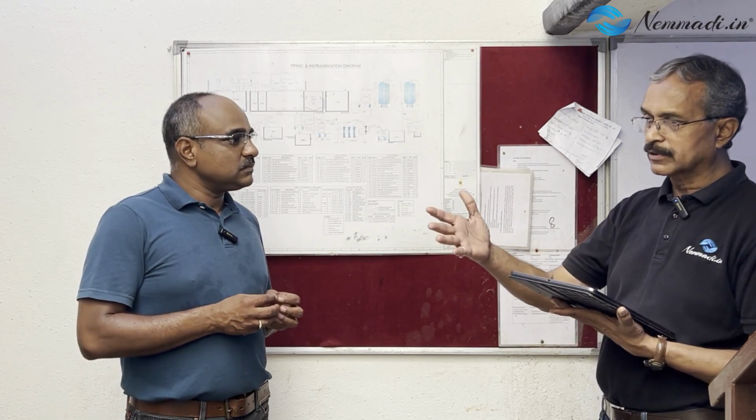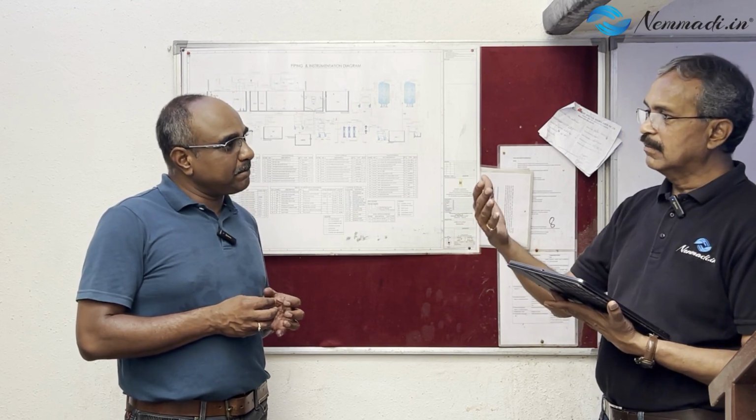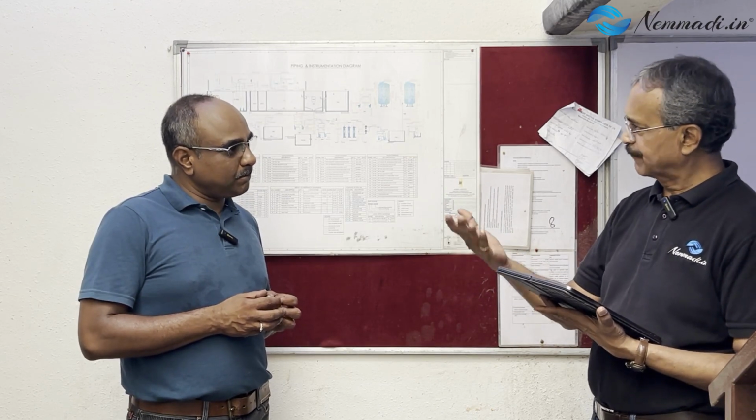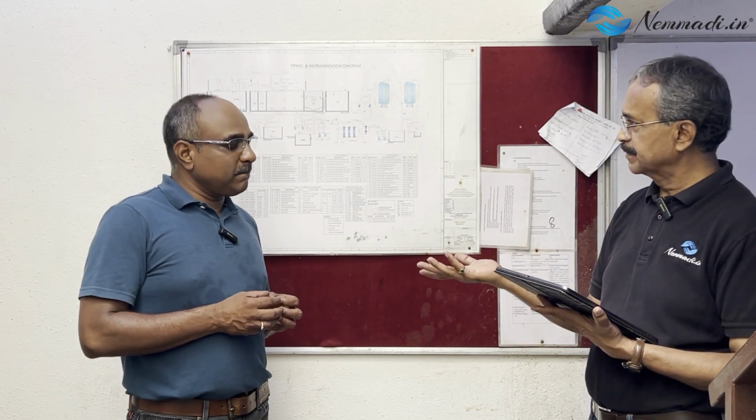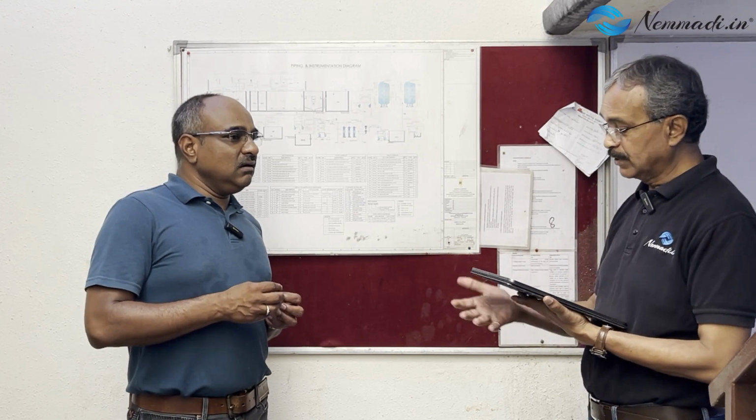So we covered the operations and the type of contracts. How does the environment get affected by a good operation or a bad operation of an STP? Can you just elaborate on that? See, if your STP is rated 8.5 to 10 out of 10, then the impact on the environment is tremendously positive.